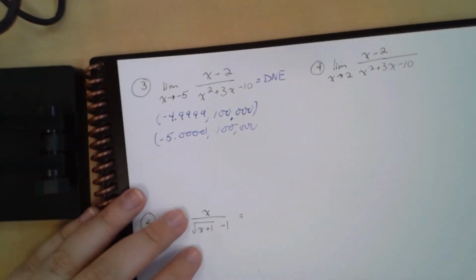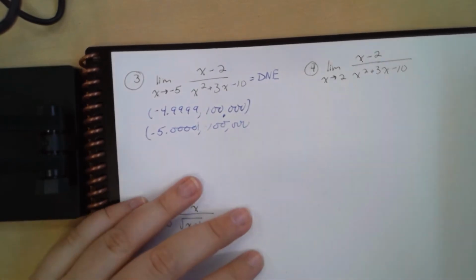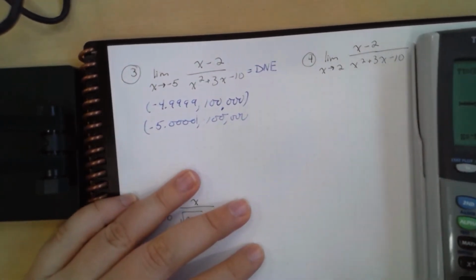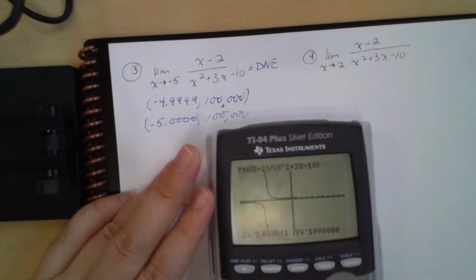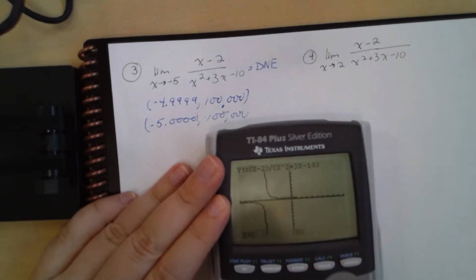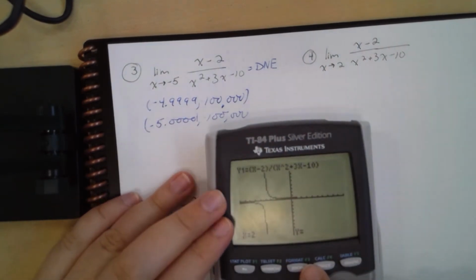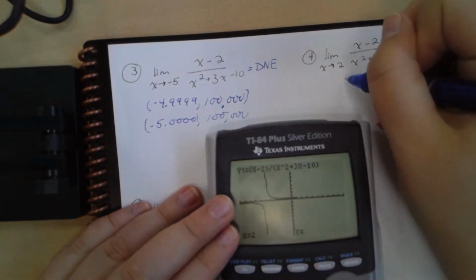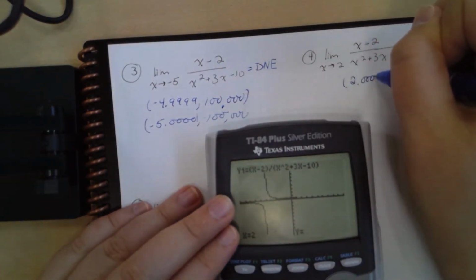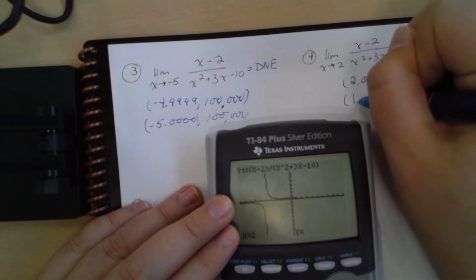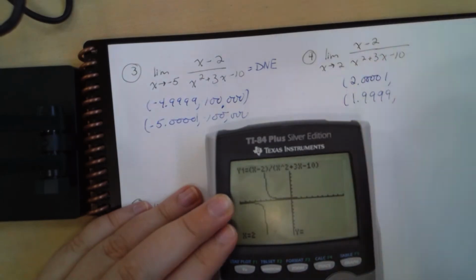Let's look at number 4. This is actually the exact same function, but we're now trying to find the limit as x goes to 2. If I trace here at 2, I have nothing. It turns out I actually have a hole at 2. So now we're going to trace again, 2.00001 and 1.9999999.